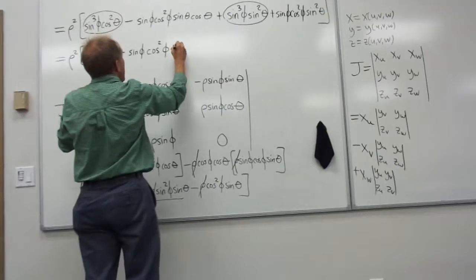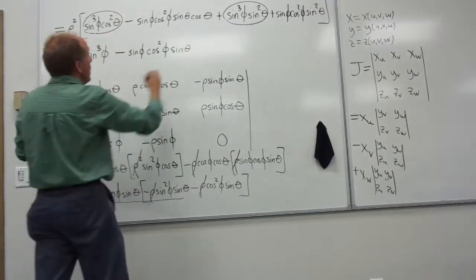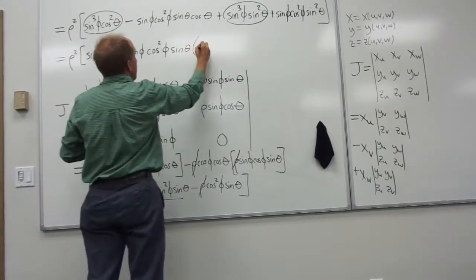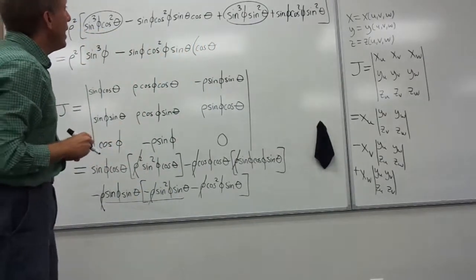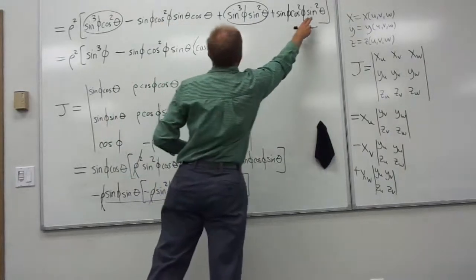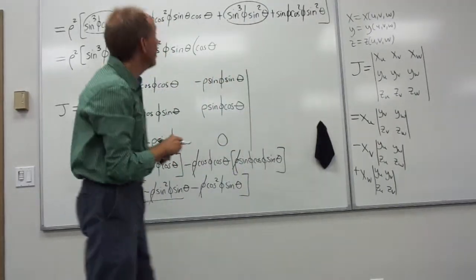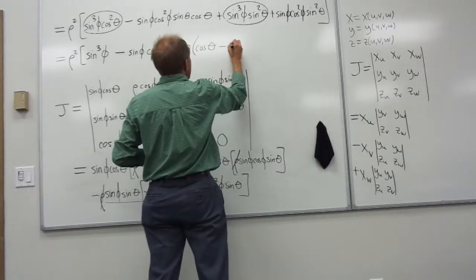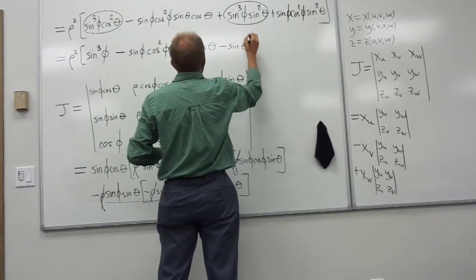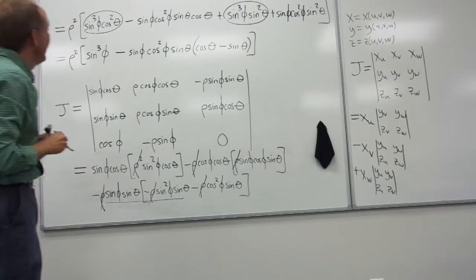There's a sine of theta in both terms. And the only thing that's different is here I have a cosine of theta right here. And then I have an extra sine of theta over here. And that one, because this is a plus, I would have to make this into a minus right here. So hopefully I'm doing this right.